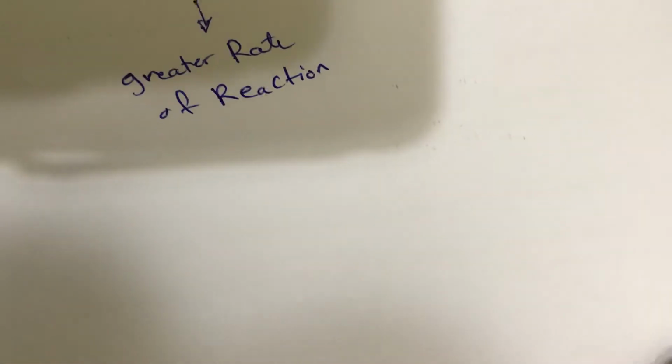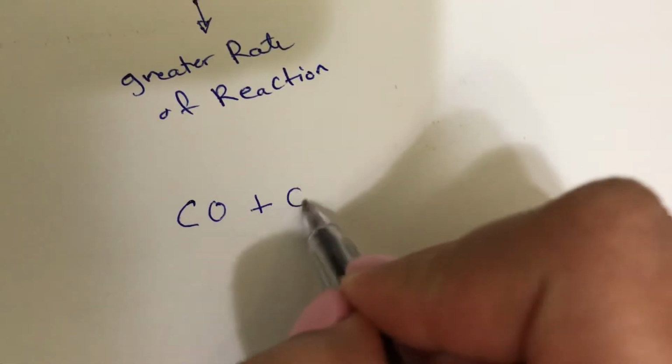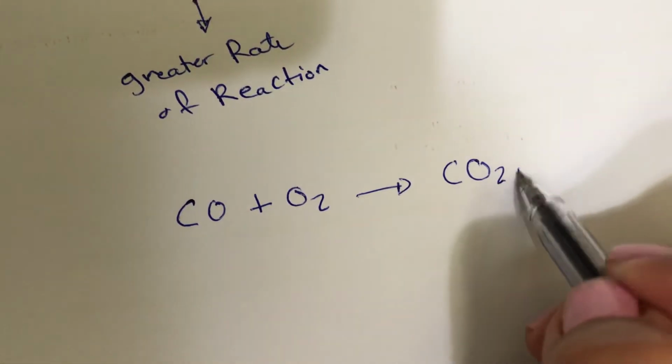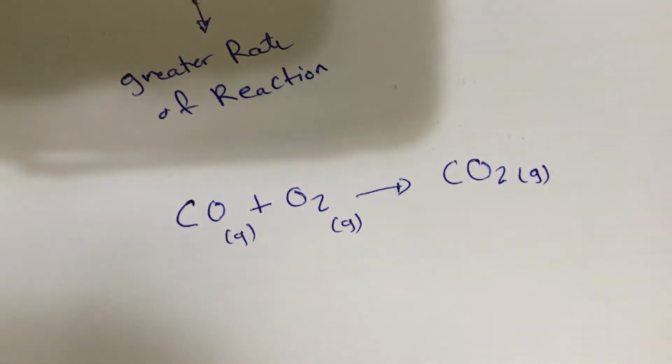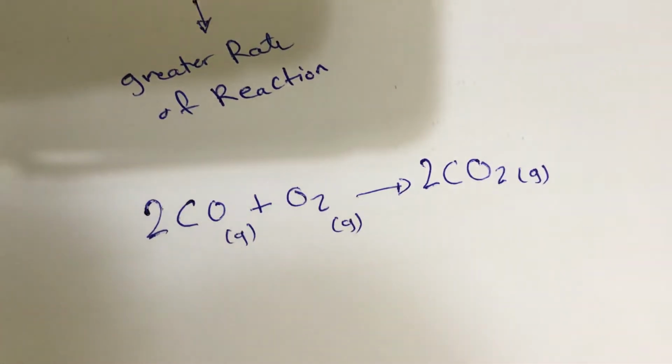An example, if you have carbon monoxide plus oxygen to produce carbon dioxide gas. So here you have to balance the equation.